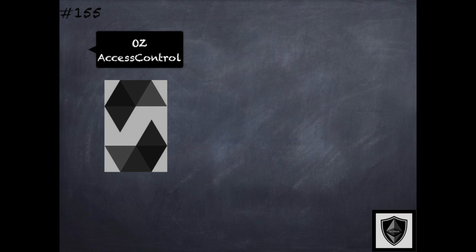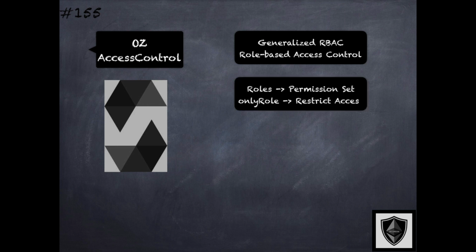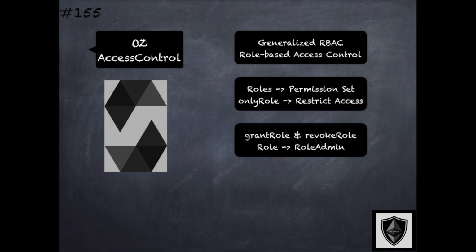OpenZeppelin provides a second library to implement a more flexible access control known as role-based access control, or RBAC for short. This allows a contract to define different roles that are mapped to different sets of permissions. And by using the onlyRole modifier, access to different functions can be restricted to specific roles.